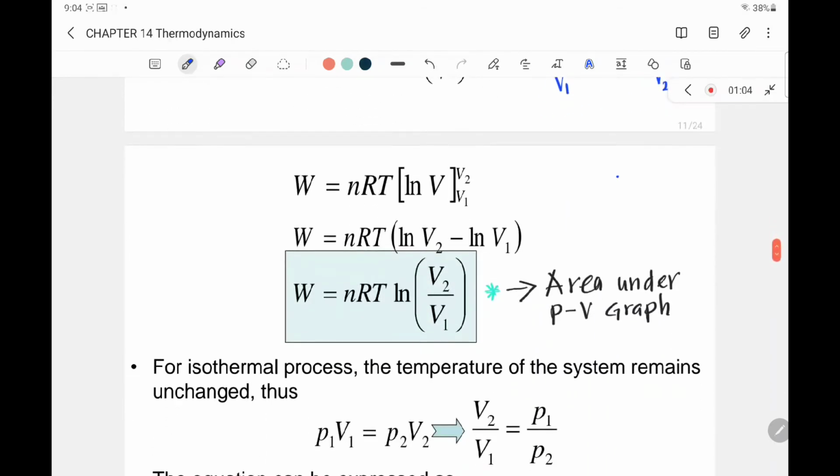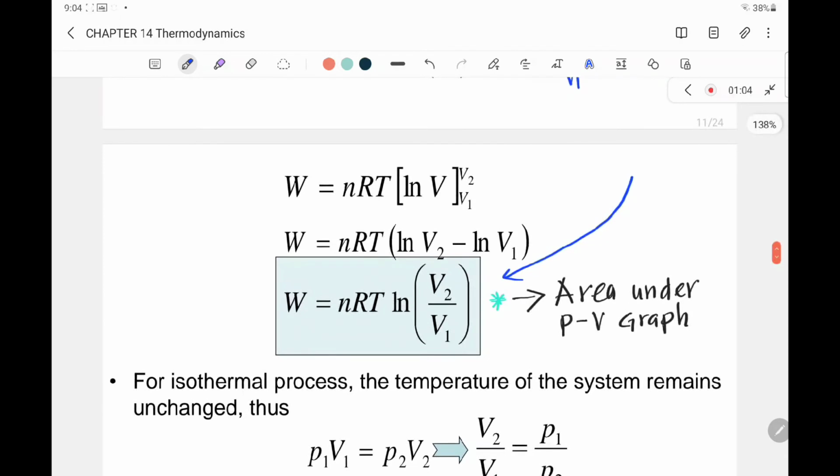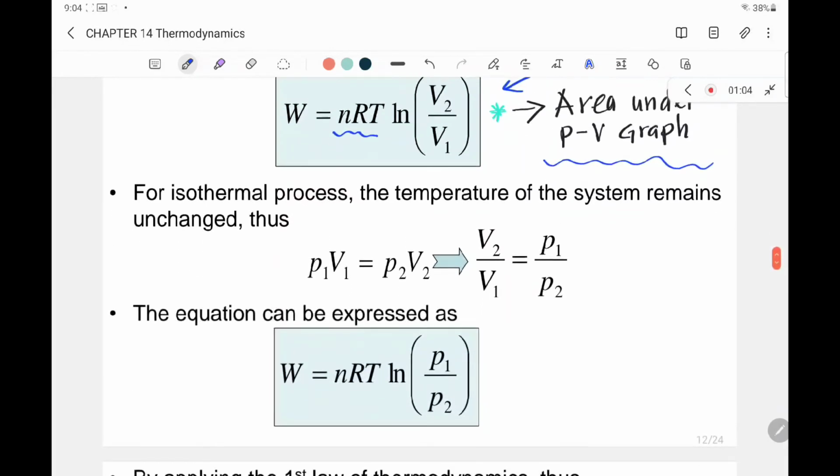So we go to the formula in the box. The work done for isothermal process, W is equal to nRT ln V final divided by V initial, which is equal to the area under the PV graph. For isothermal process, the temperature of the system remains unchanged.